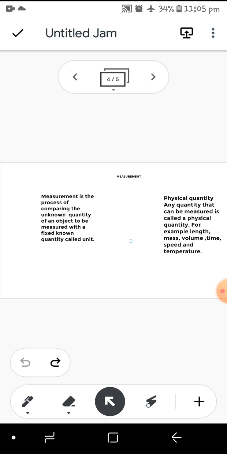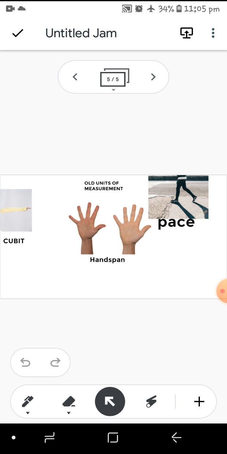Now, in early days, people did not have standard units of measurement. They used different parts of their body to measure length. Like the length was measured by a hand span or an arm's length or cubit or pace, foot or fathom, the length of outstretched arms.